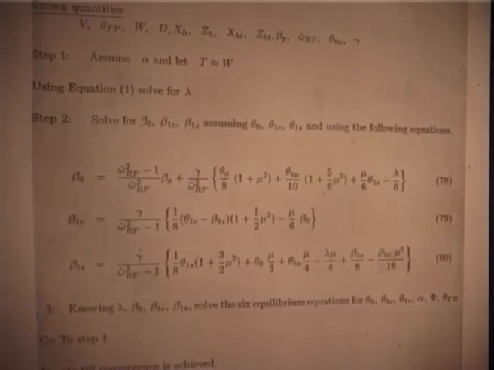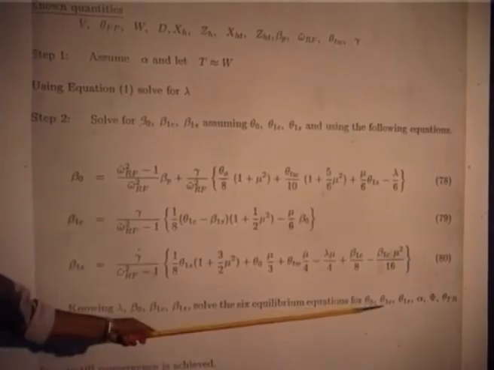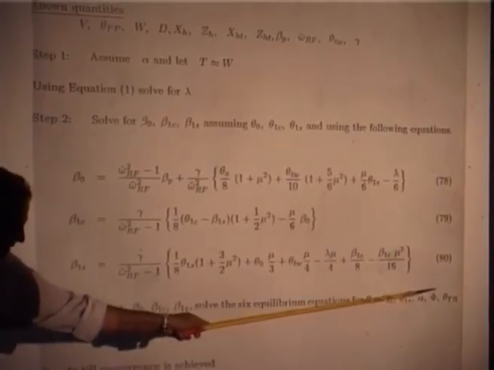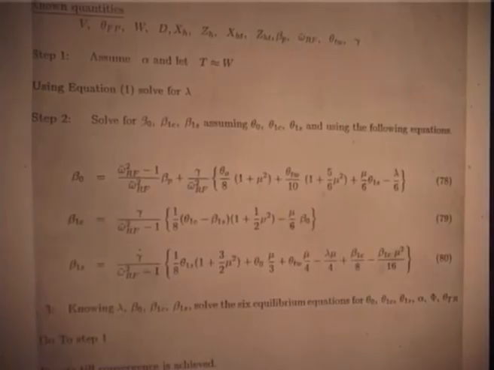Now, I have lambda, I have all these quantities. Then go to the 6 equilibrium equations. Okay. What are the unknowns for that case? You say I know lambda, beta naught, beta 1c, beta 1s, but I do not know the 6 quantities of theta naught, 1c, 1s, alpha, phi and tail rotor. Tail rotor you can take as the tail rotor thrust itself.